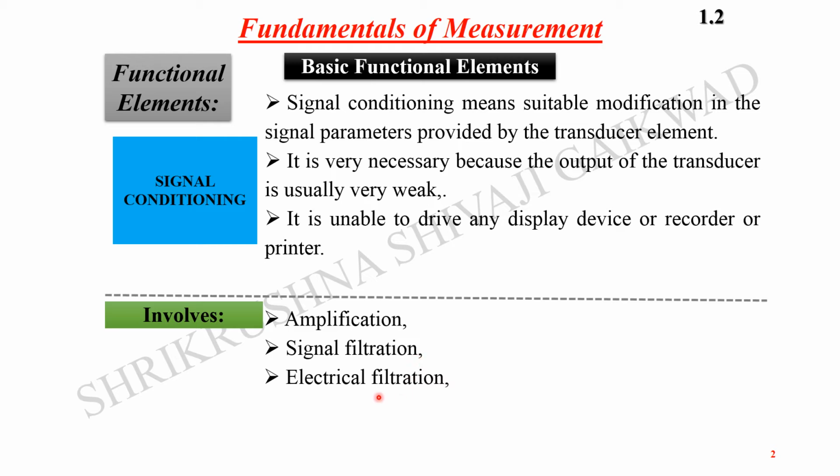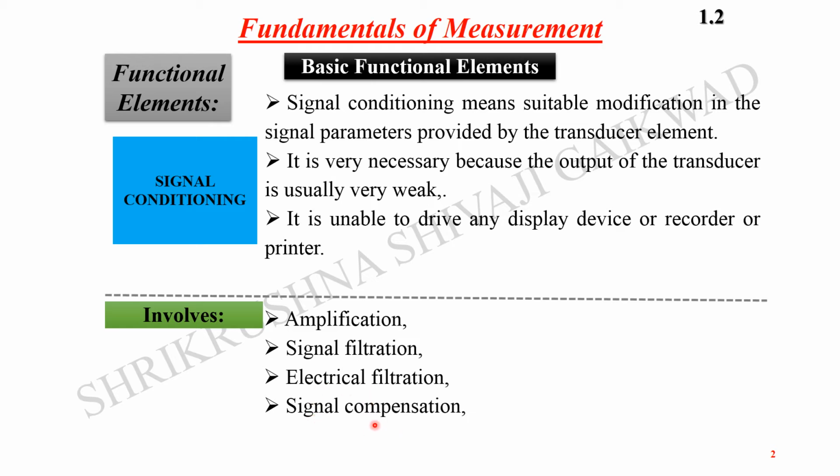Then electrical filtration, noise is the particular electric filtration, or else sometimes the excessive signal is coming, so obviously its amplitude has to be decreased by some kind of electrical circuitries.